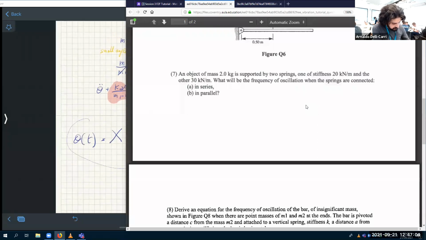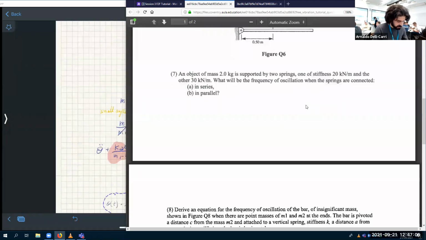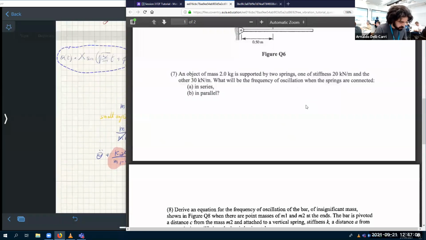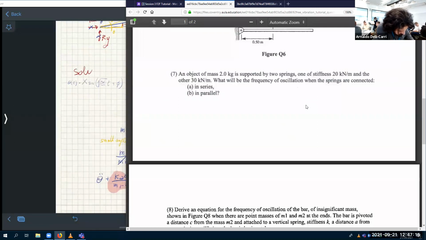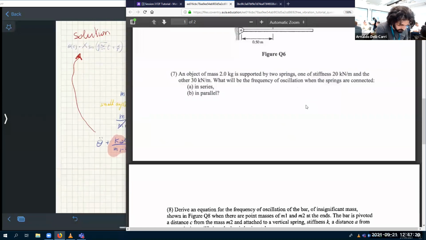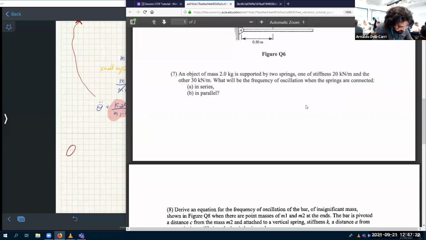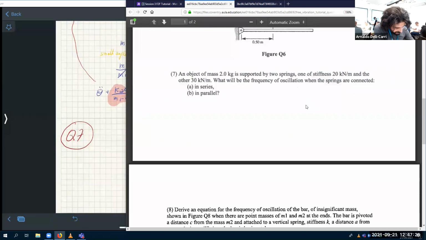So let me put this here. Say this is the solution. This is question 7. If you have springs in parallel, you add them normally, just normal sum.